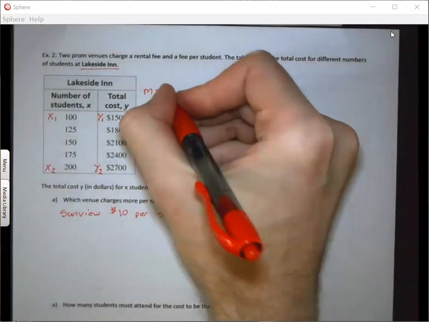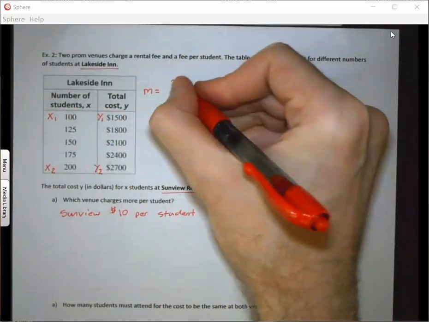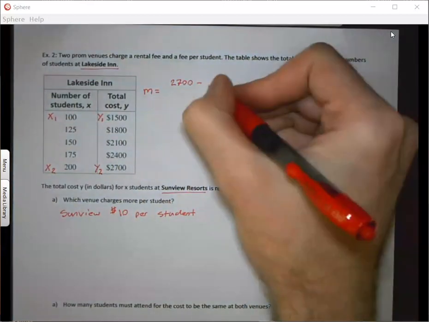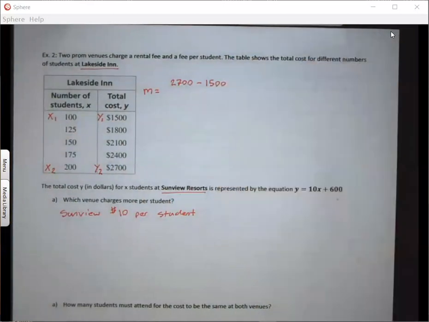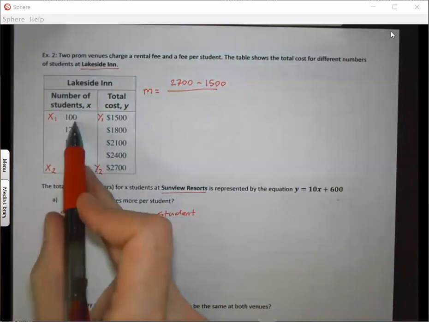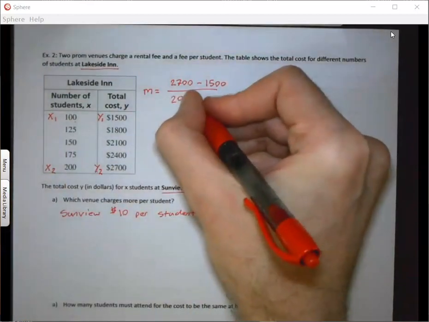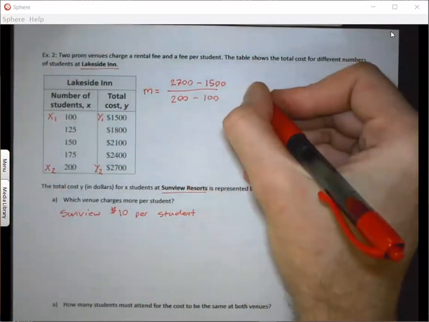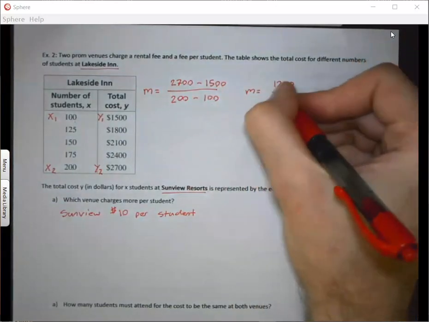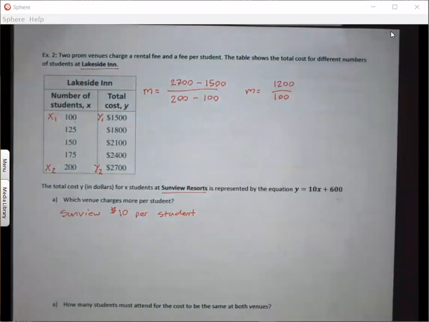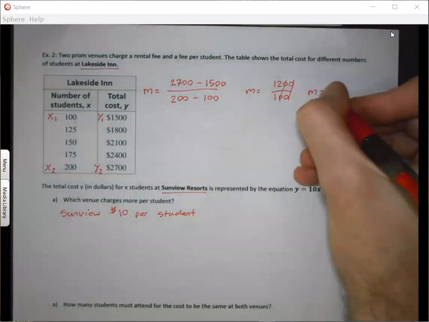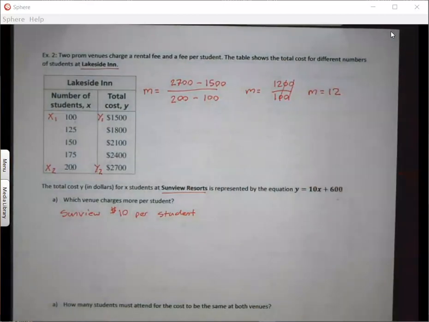So slope Y2 minus Y1 over X2 minus X1. $1,200 divided by 100. My slope is 12.